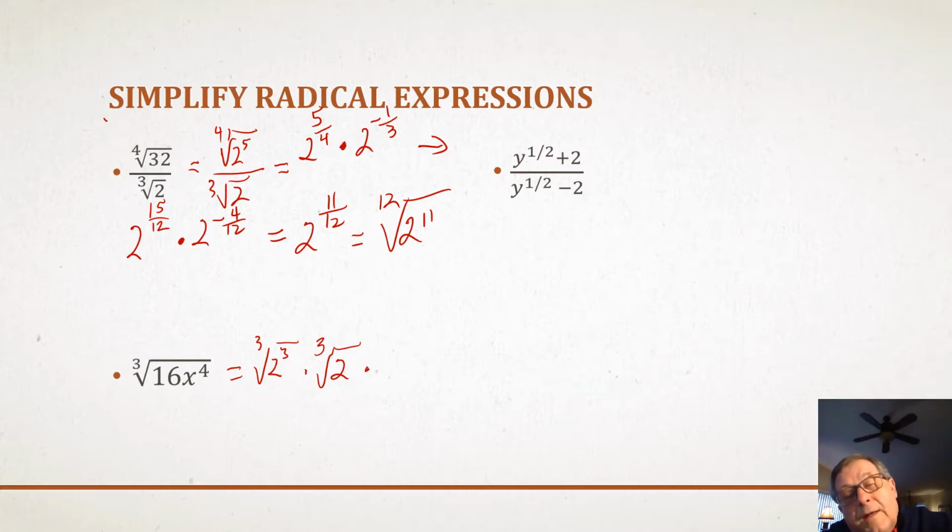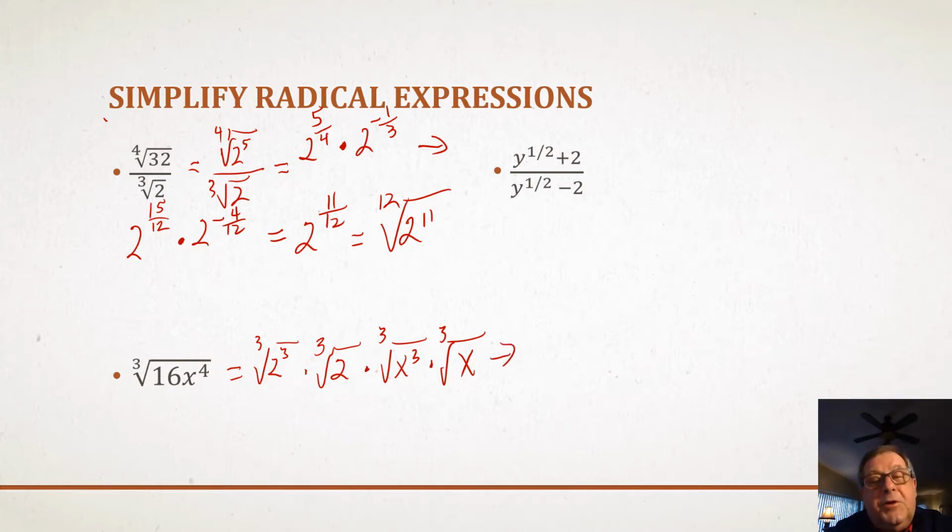And then I'm going to rewrite this x to the 4th as the cube root of x cubed times the cube root of just x. Now let's take out our cubes here. Well, let's see, the cube root of 2 cubed is 2. Got that one out of the way.